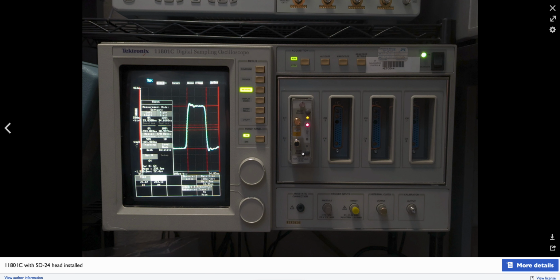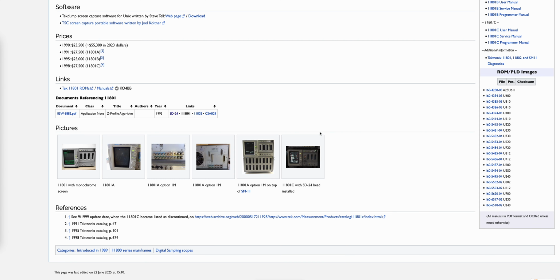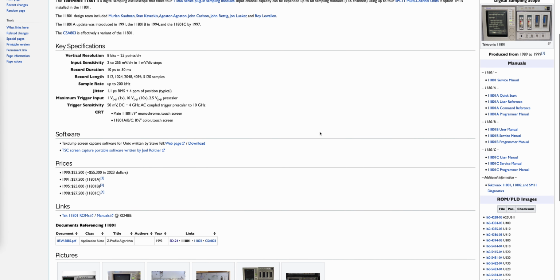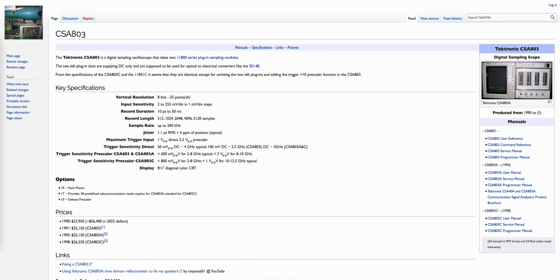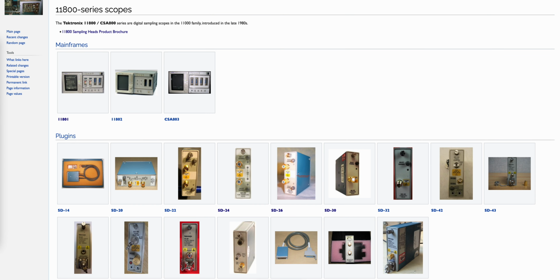A pure sampling oscilloscope, with slots for 4 heads, and a very peculiar device from the 90s with a touchscreen and a vertical monitor that I find very interesting. And it came with its own collection of sampling heads.